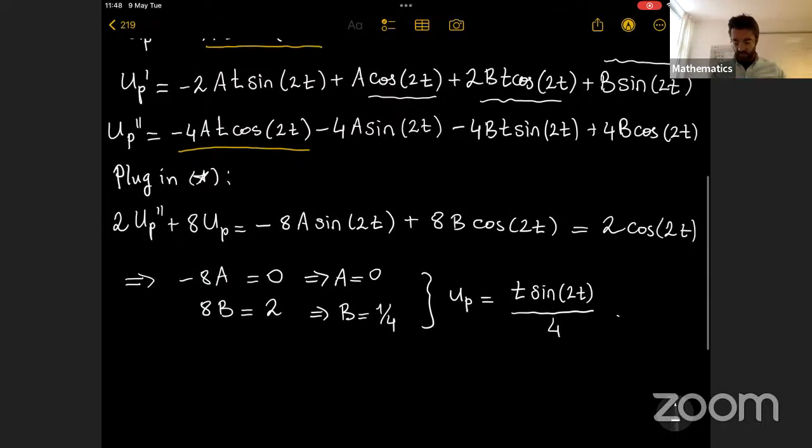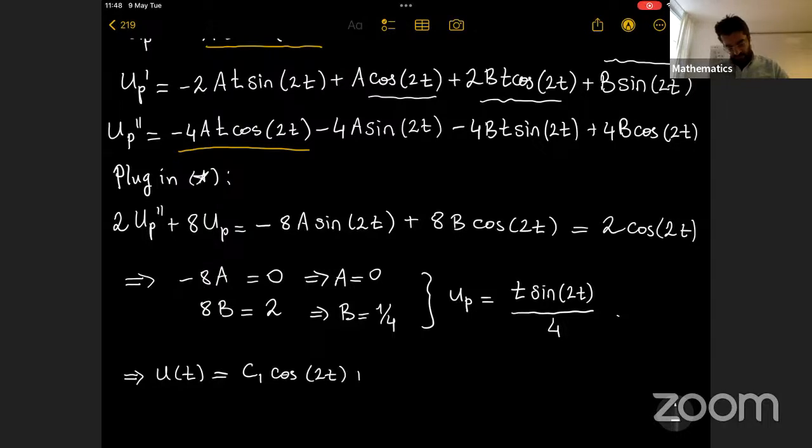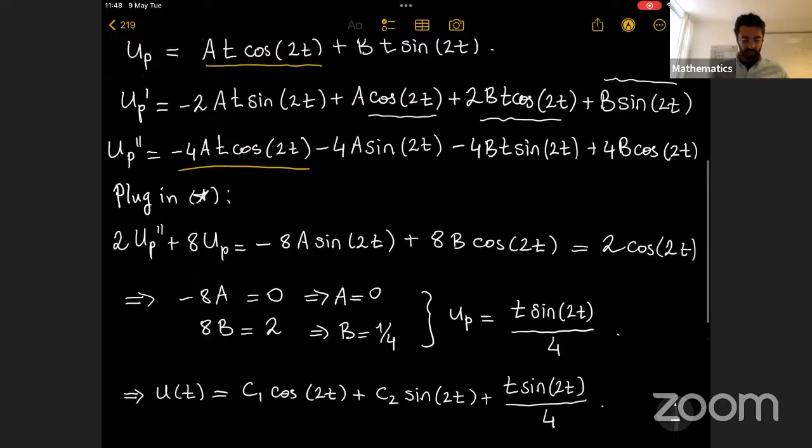So the general solution is u of t is basically c1 cosine 2t plus c2 sine 2t plus the particular solution, which is t times sine 2t over 4.